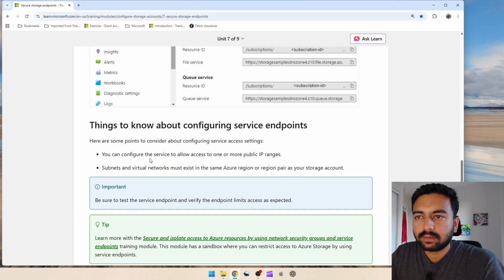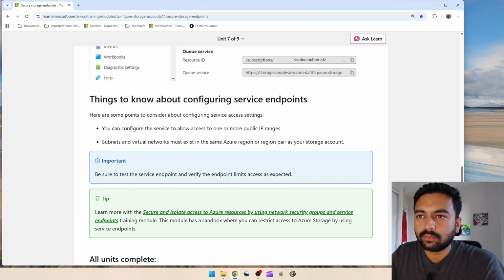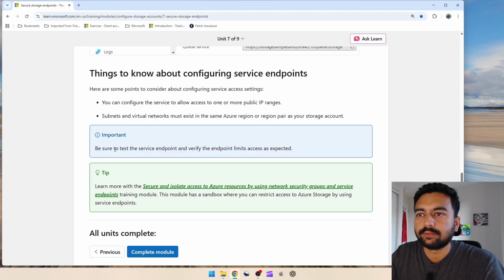So obviously, when you make those changes in the storage account settings, it gives you the option to select the region, but you have to make sure that you put it in the same region. Be sure to test and verify the endpoint limits access as expected.